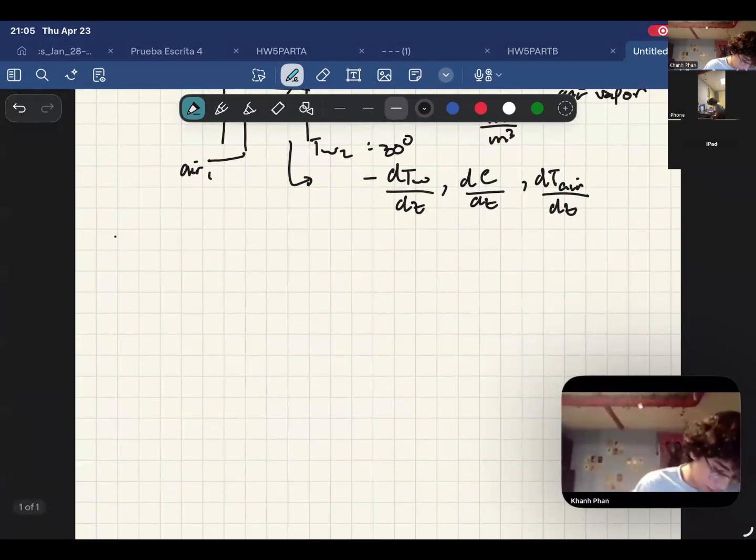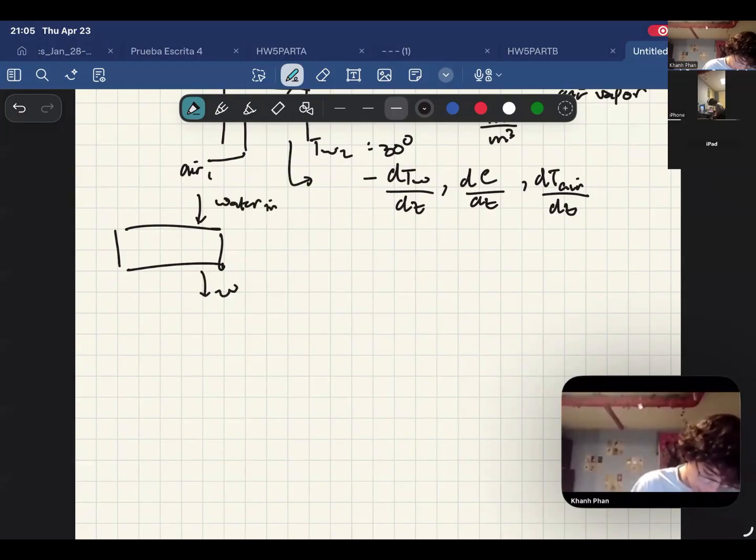So now I'm going to show you what the packing would look like. Water would come in this way, water in, water out. And then air would come in this way, air in, air out.